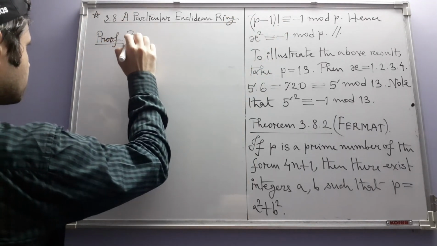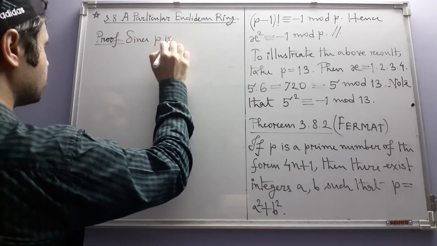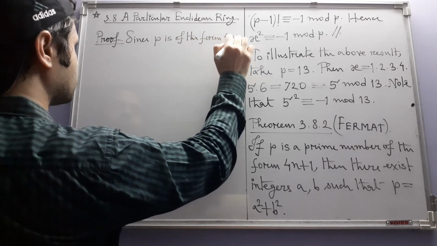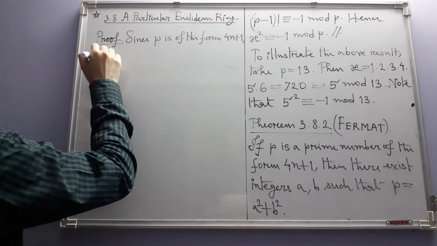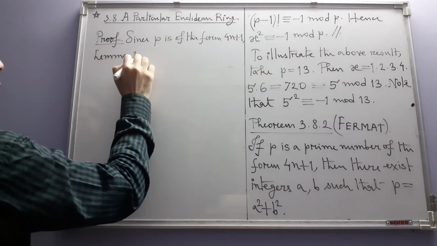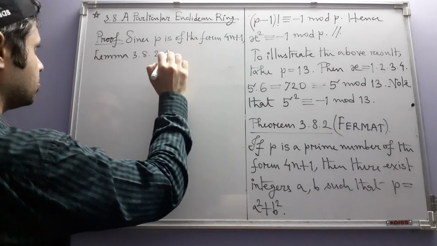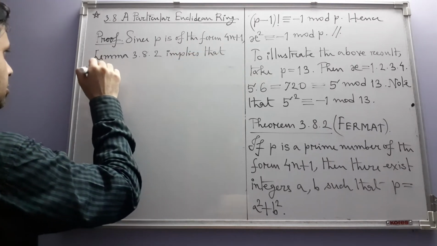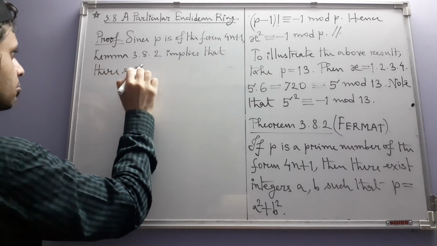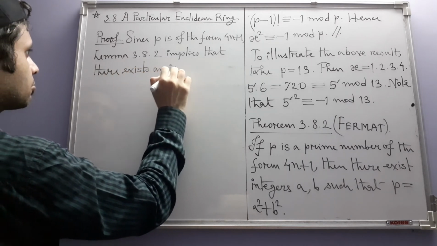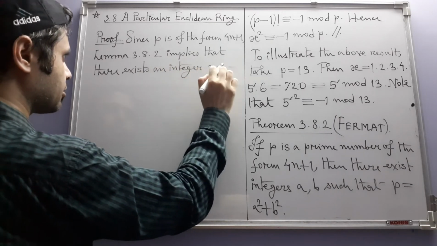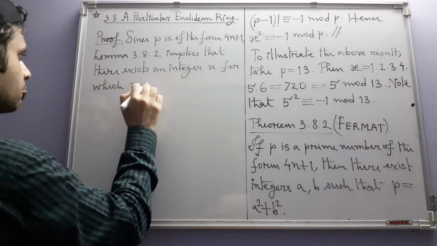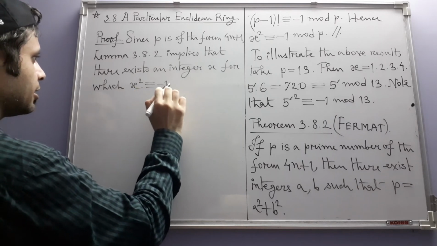Since p is of the form 4n plus 1, lemma 382 implies that there exists an integer x for which x square is congruent to minus 1 mod p.